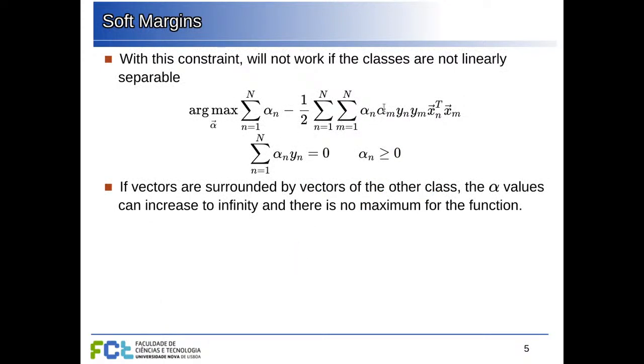So we have vectors that are surrounded by neighbors that have different classes, and at some point this term here that we are subtracting has negative terms that we are adding here that can become very important, because we have points of different classes.